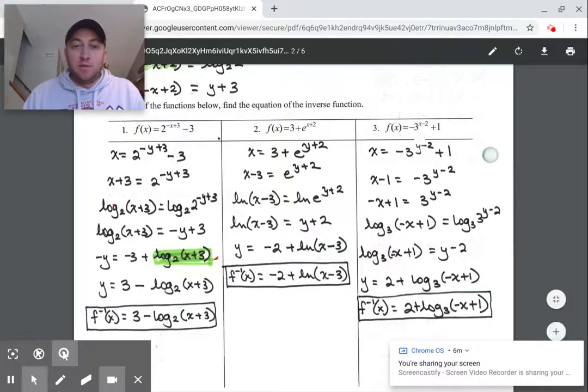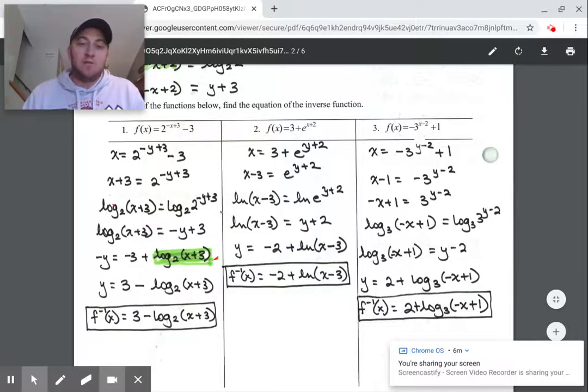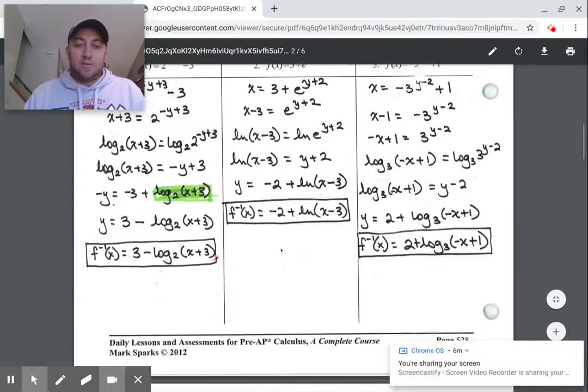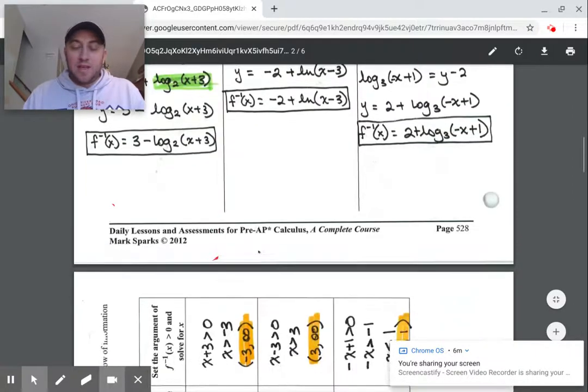Notice here on number 2, we isolated e to the y plus 2 by itself right here. So if I'm going to take the logarithm of both sides of my equation, my base of that exponential expression is e. So when I take the log of both sides, I would be taking the log base e, which is the natural logarithm.